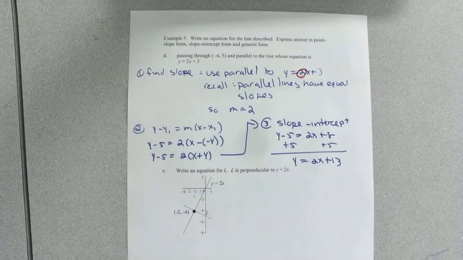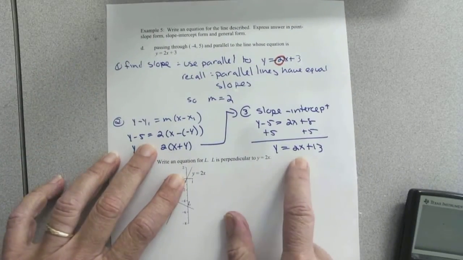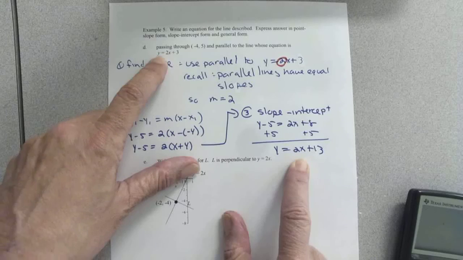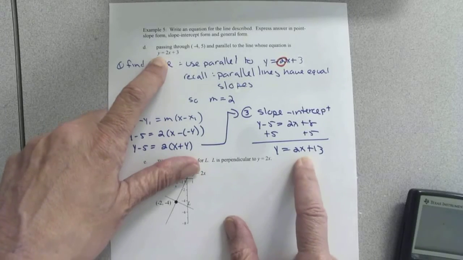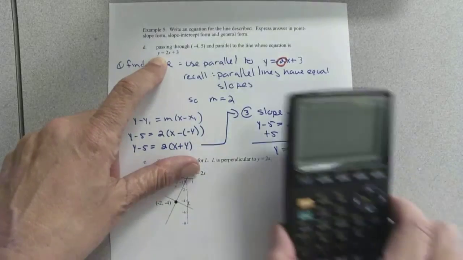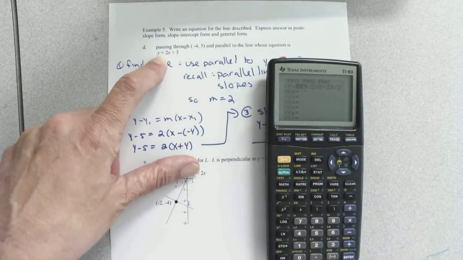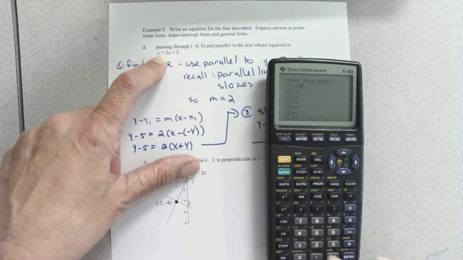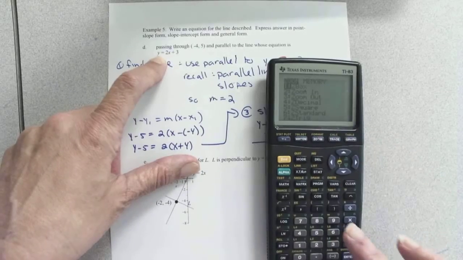But I do like to show checking things, because if you have a few moments, you can check these things by looking at some pictures. So here I'm going to graph two things, my answer line and my parallel line, but not at the same time. I'm going to do y equals 2x plus 13 first, zoom 6.